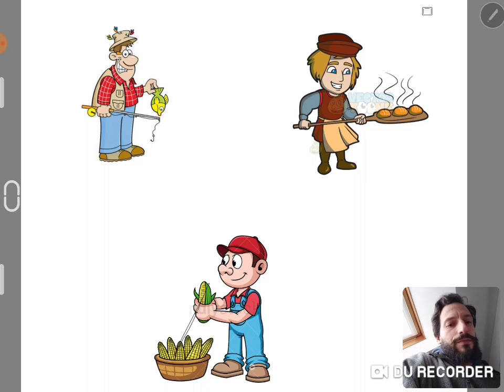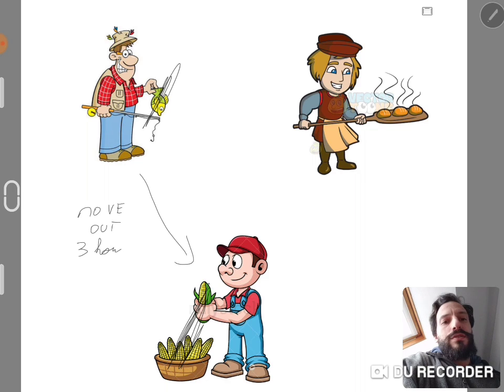If you just forget for a moment that these people are businesses and just imagine that they're two buddies, and the fisherman helps the farmer move out. He goes for 3 hours to his house and says, I'm going to give you a hand and help you move from your farm to a bigger farm.